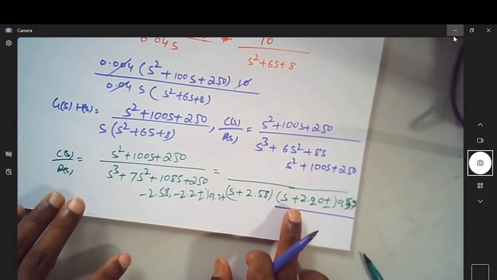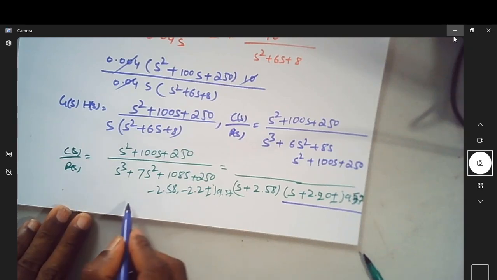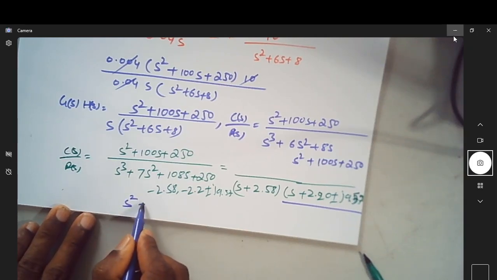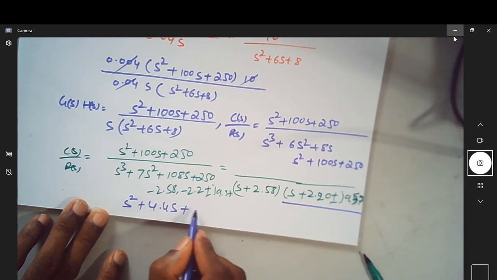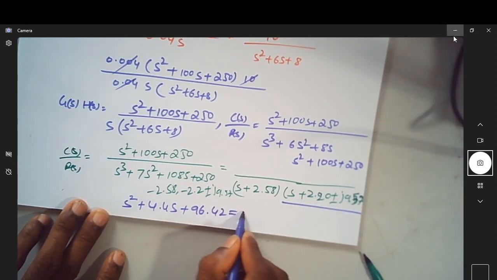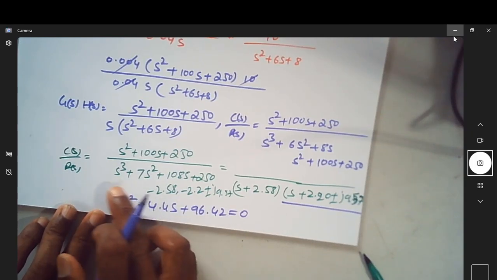So the dominant pole quadratic equation becomes s square plus 4.4s plus 96.42 equal to 0.